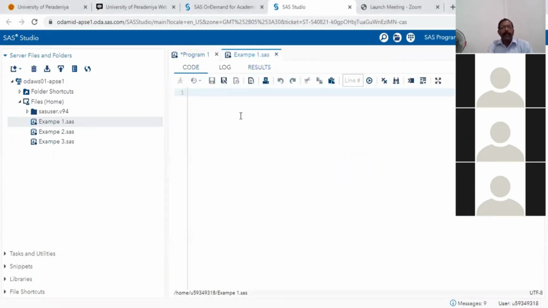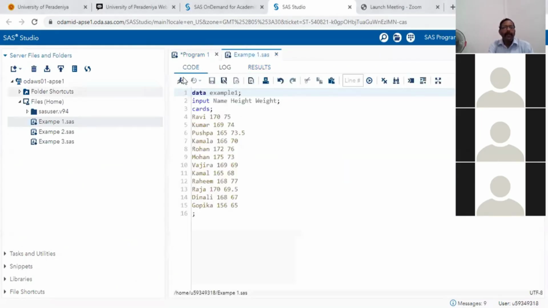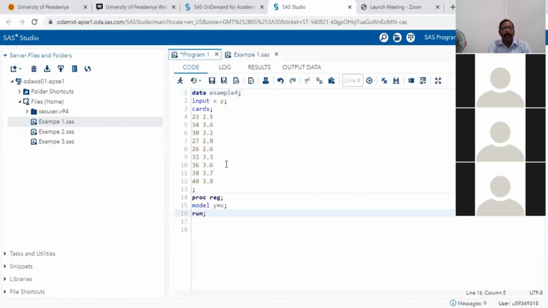To get the R, we'll have to write a different program. It says proc correlation.